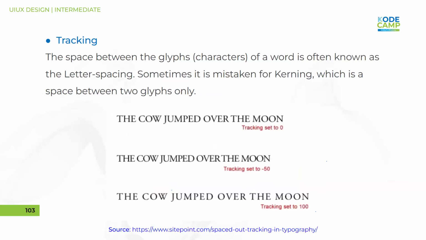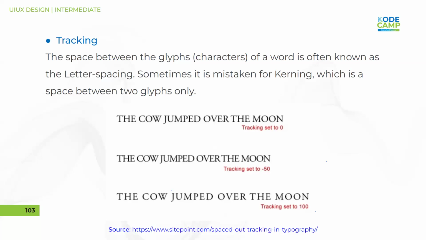Okay. So the second one is tracking. The space between all the characters of a word is often known as letter spacing. Sometimes it is mistaken for kerning, which is the space between two characters only.